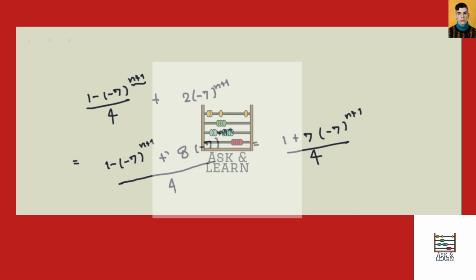But plus 7 we can read as minus 1 times minus 7, right? It's the same. So we now have the new minus 7 for us to use. So we times minus 7 to the last term and get n plus 2, leaving minus 1 behind. So this is all just rearranging things.